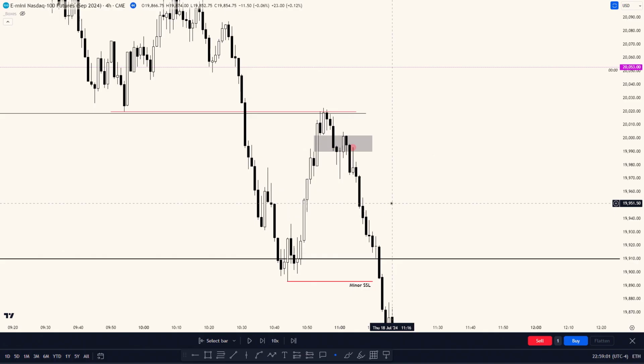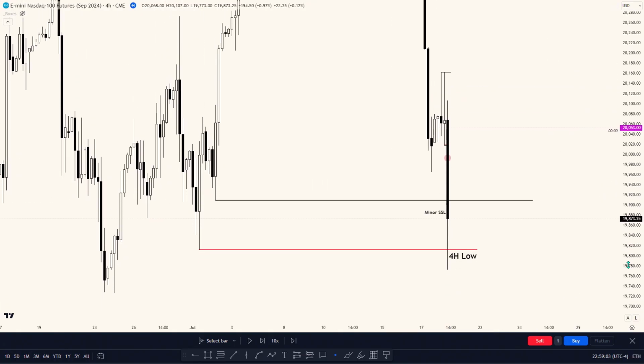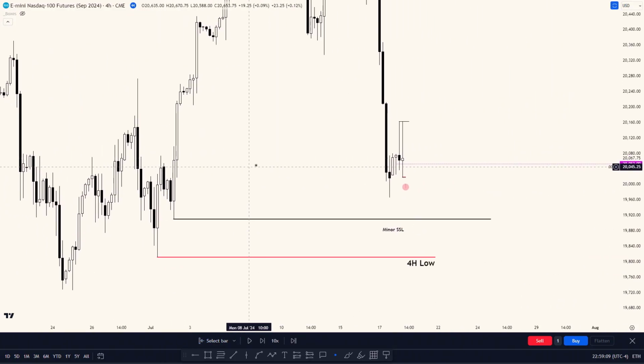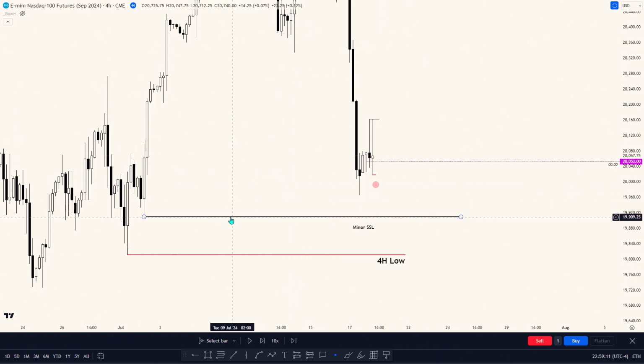So let's go to the 4 hour and I'll show you guys what I was looking at before all this happened. This is the 4 hour low, which is the failure swing before this low, the low that turtle souped this low, right?